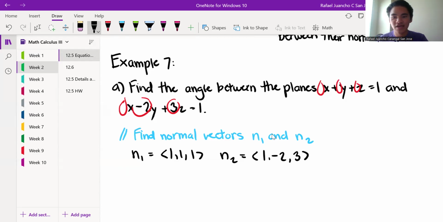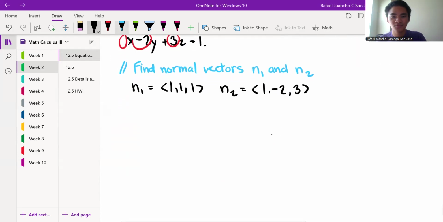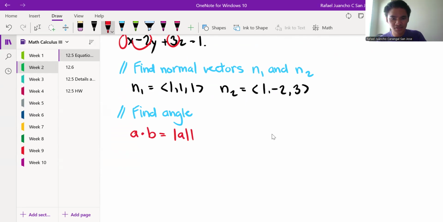Now, from here, what's the angle? Well, we use that formula. We get their dot product, which is the same as the product of the lengths and cosine. So given two vectors A and B, let's say theta is the angle, the dot product is equal to the magnitude of A, the magnitude of B, cosine of theta, and then we just isolate theta.